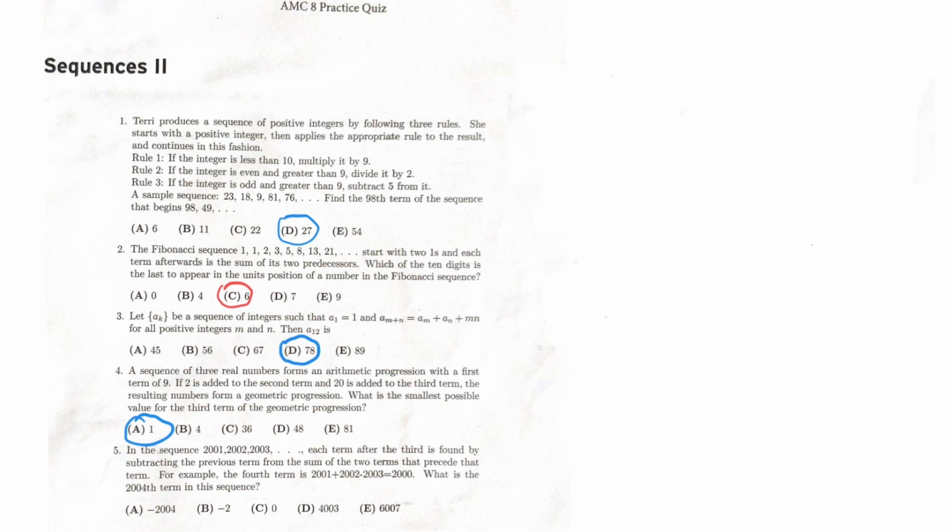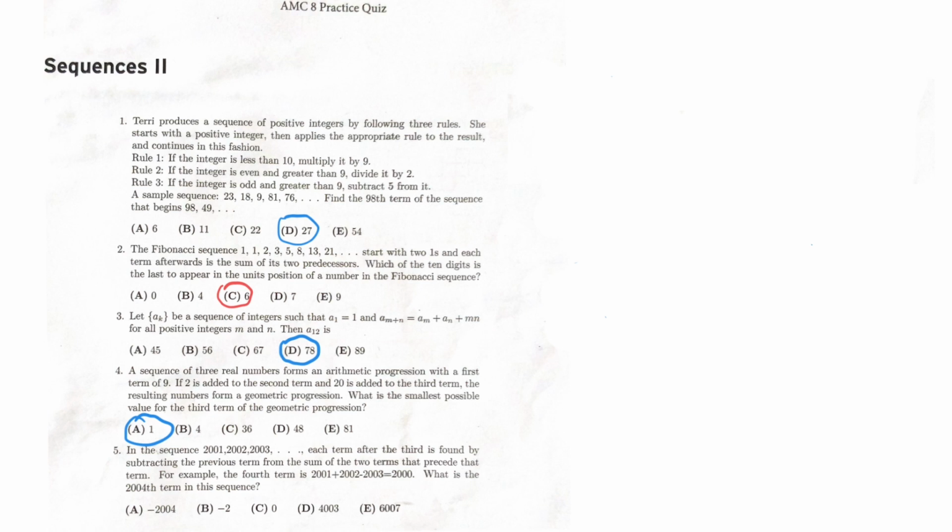For example, the fourth term is 2001 plus 2002 minus 2003. It's 2000. What is the 2004th term in this sequence?